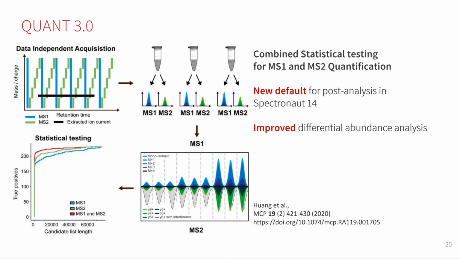This improved the quality of statistical testing results and showed to increase the coverage of known activated pathways in a benchmark dataset. This was originally an analysis script, but we have integrated this new test seamlessly into Spectronaut 14, and it is the new default option for differential abundance testing, so you can very easily take advantage of this improvement.